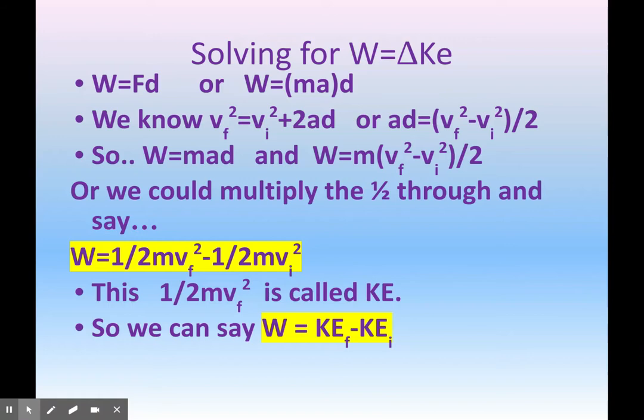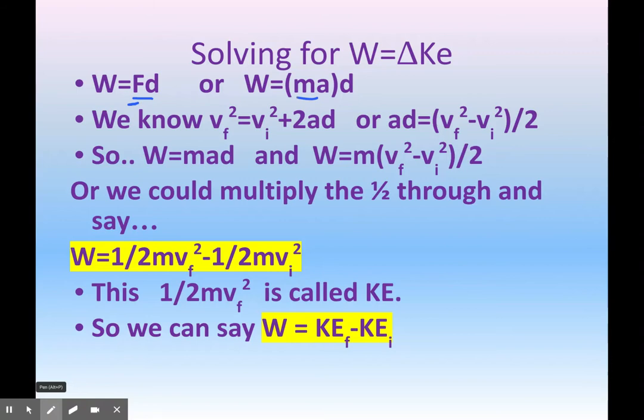So if we know that work equals force times distance, and if we also know that force equals ma, we can substitute the ma in for the force. So we can say that work equals m times a times d, mass times acceleration times displacement.